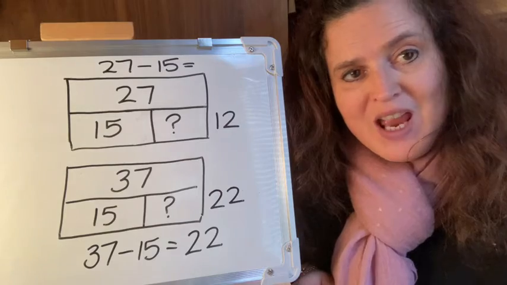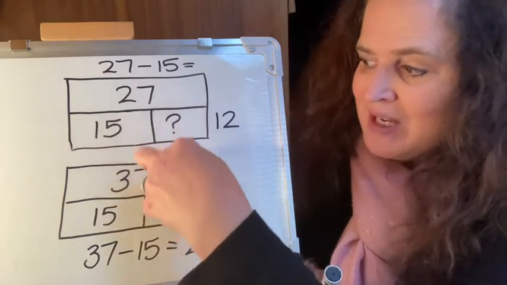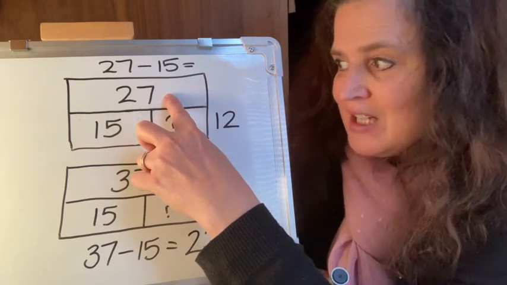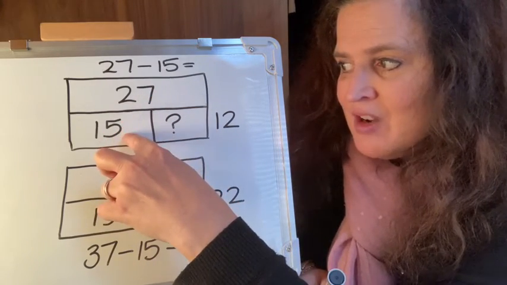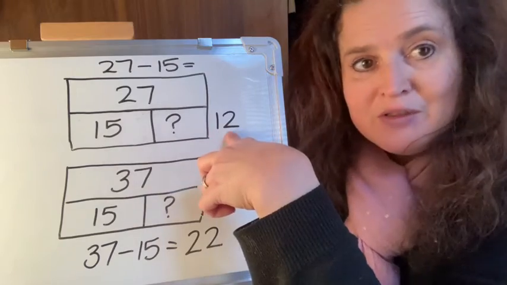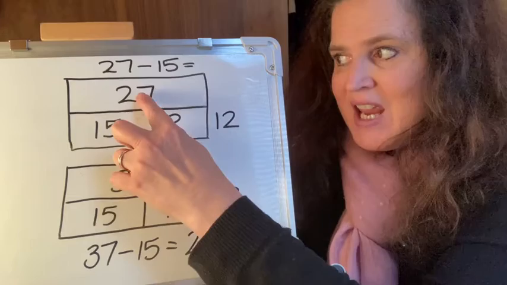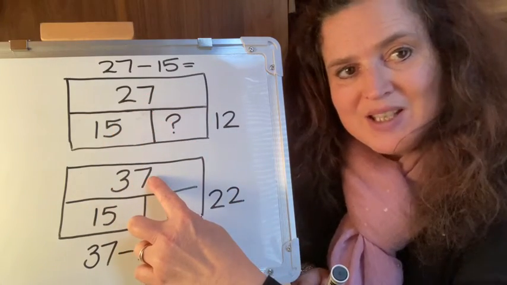But I wonder if any of you actually spotted the pattern that was going on here. Because I started with 27 in this calculation, and my answer after taking away 15 was 12. For this calculation, 37 is 10 more than 27.